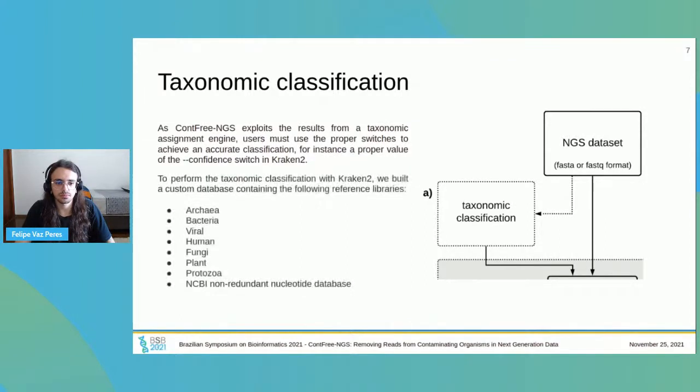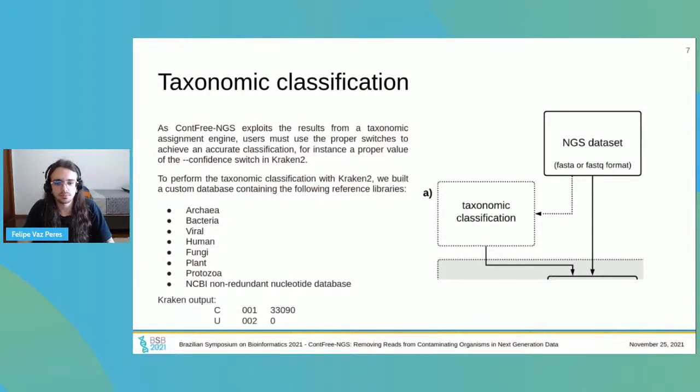So to perform the taxonomic classification with Kraken 2, we built a custom database containing the following reference libraries. So we have the reference libraries from archaea, bacteria, viral, human, fungi, plant, protozoa, and the NCBI non-redundant nucleotide database.